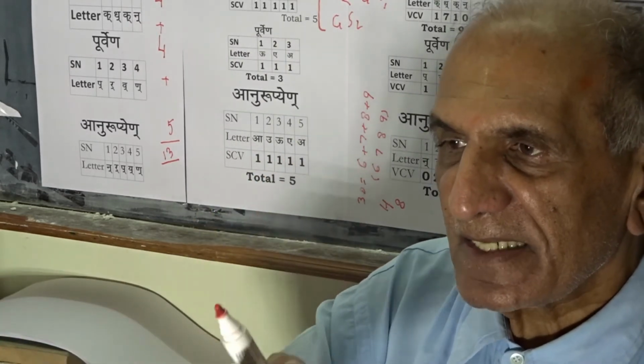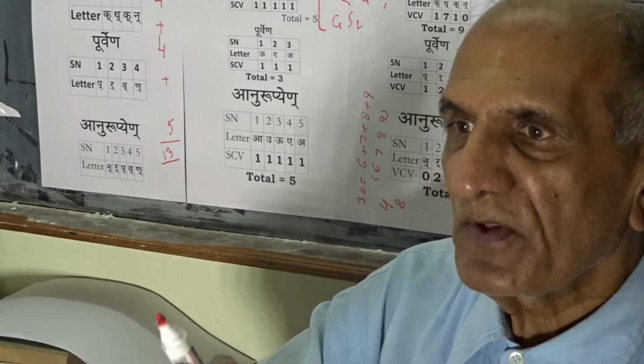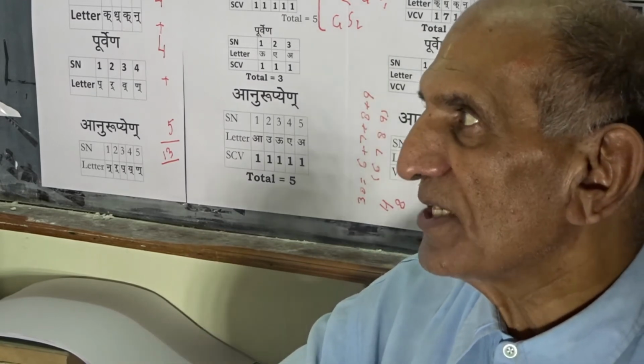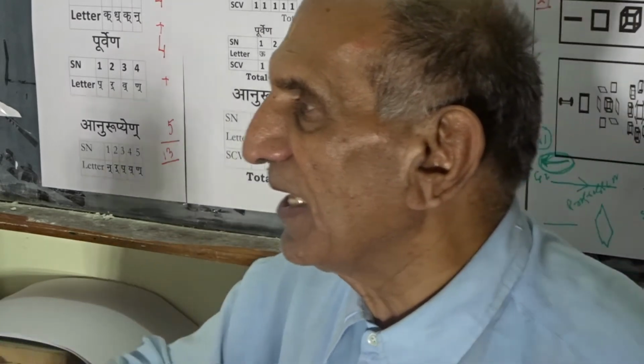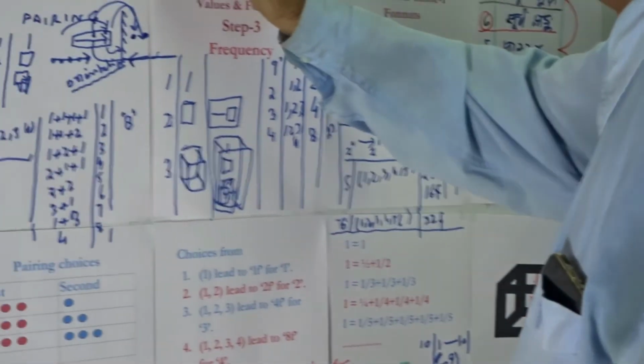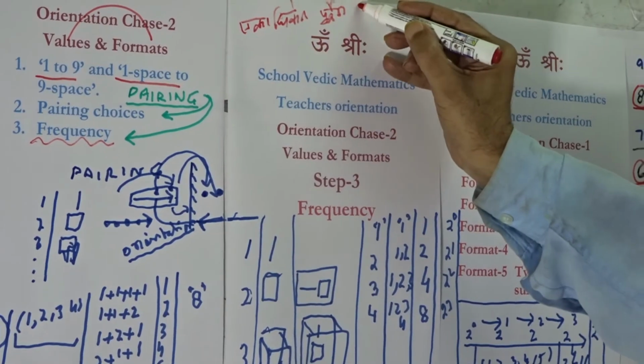This concept deserves to be introduced very slowly, very gently, and for it we are availing Ganita Sutra 1, which is Eka Adhikena Purvena.